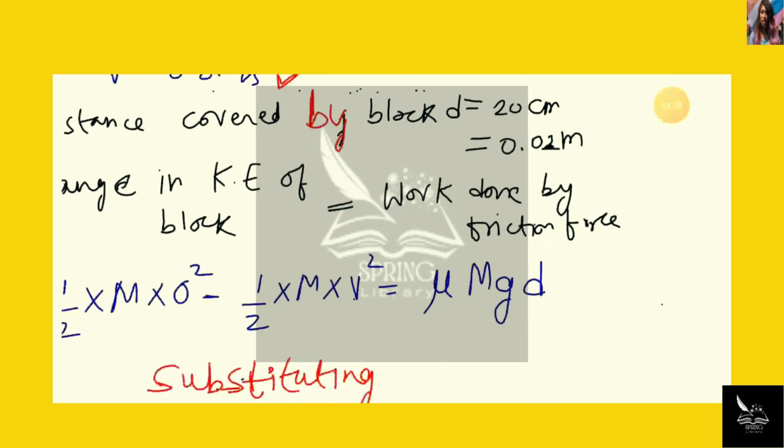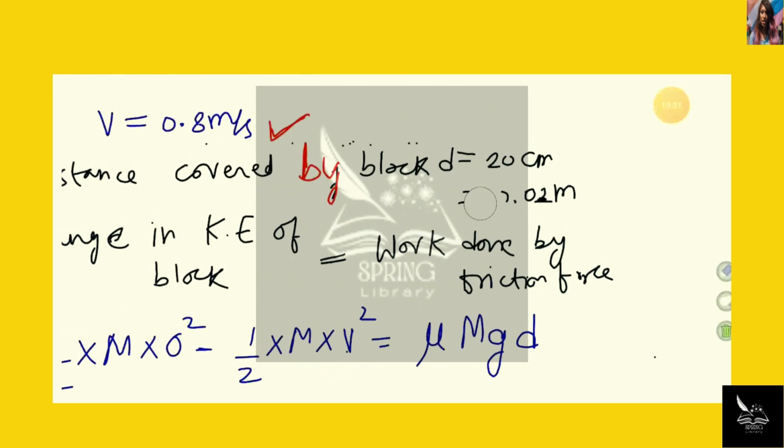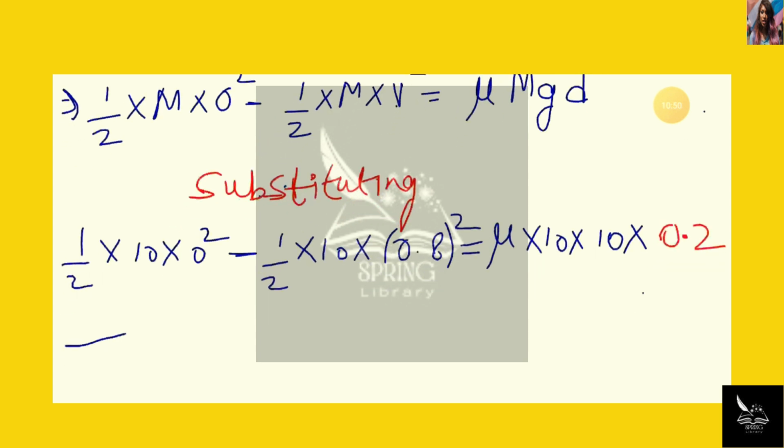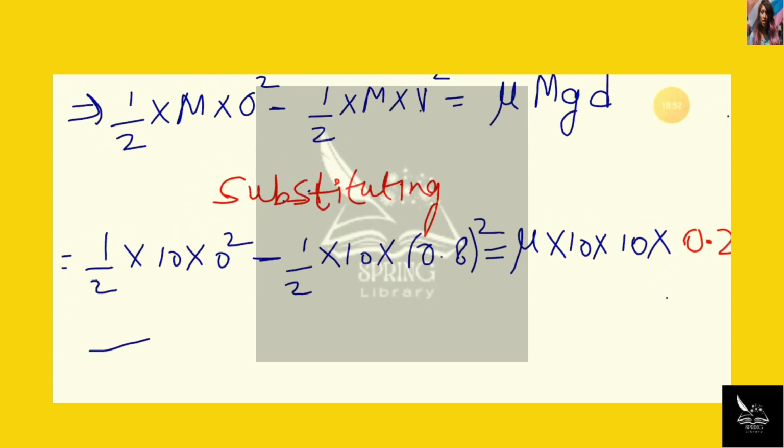So here make some correction: the distance in meter will be written as 0.2 meter. Now simplify it, then I will get the value of mu after solving.